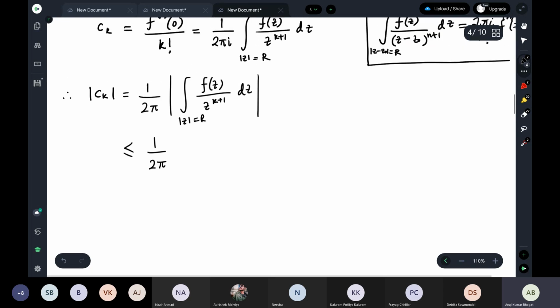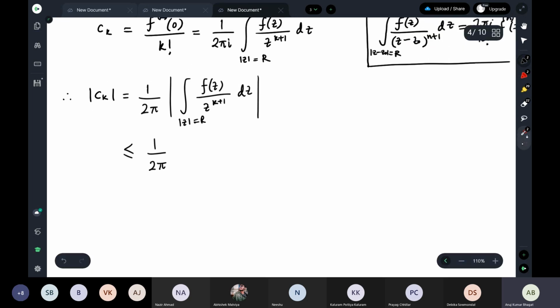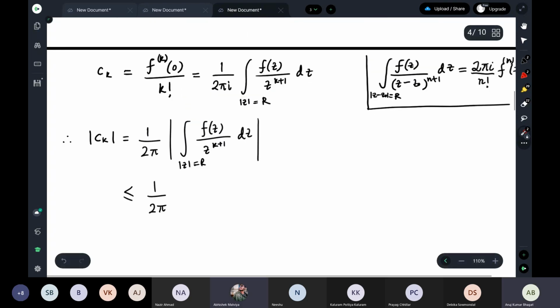So what is M here? What is the bound of this function over this circle? Can you tell me? A plus b mod z to the power 3 by 2. That's right. I want to find the bound of this function over this circle.